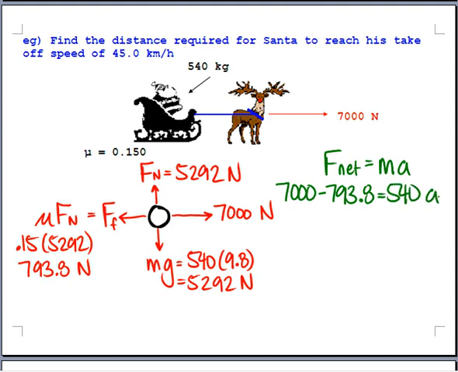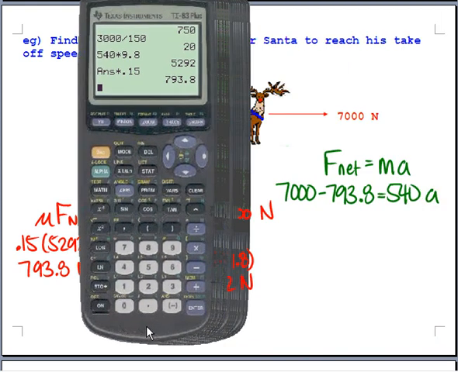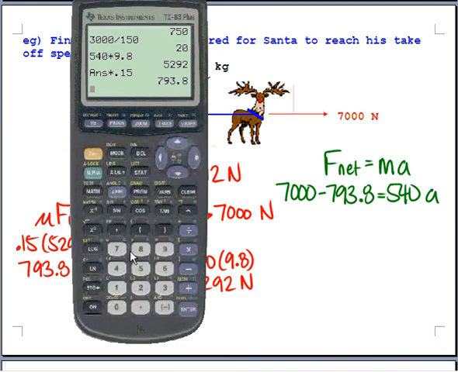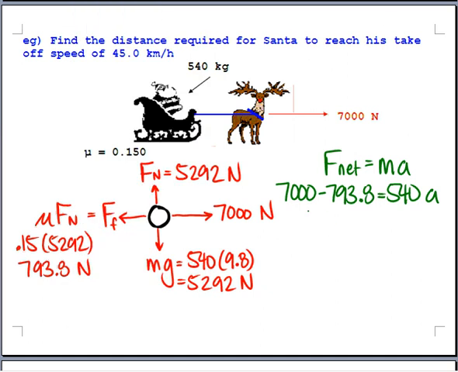equals 540 times A. So if we subtract, think about net force not as a single number, but think about it as actually like an addition or a subtraction depending on the question. So I like to think about F net as 7,000 minus 793.8. I don't really care what the answer is, which is going to come out right here. 6206.2.